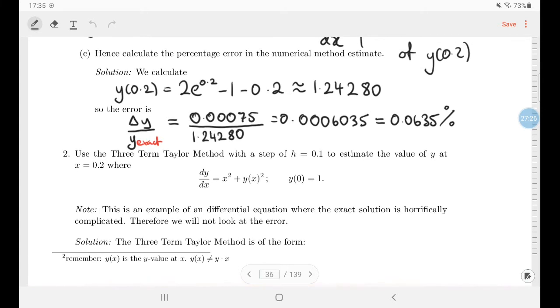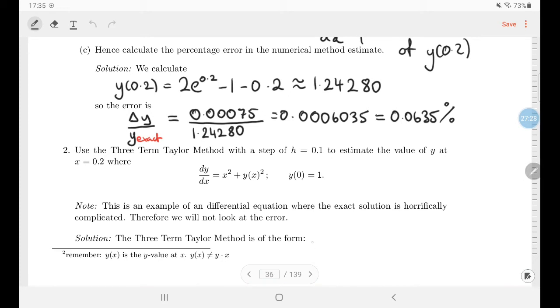So the 3-term Taylor method: the exact solution at k plus 1 is approximated by what we call y_{k+1}, which is equal to the previous y value plus the step size times the previous slope. Notice I have k plus 1 and then k.